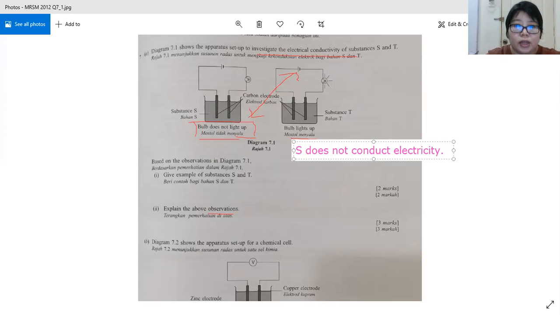Okay, now you can further explain, or you can say, S does not conduct electricity, but T can conduct electricity.